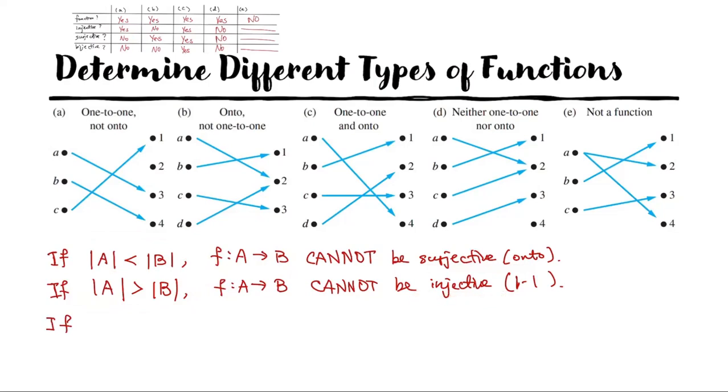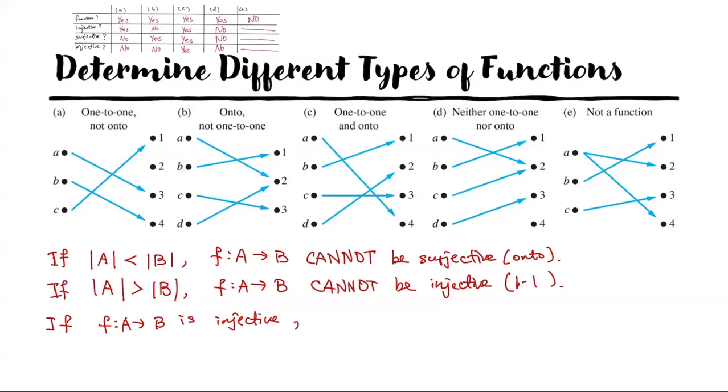But if you already know your function is injective, this implies you must have enough outputs for every input, since every input needs to go to a unique output.